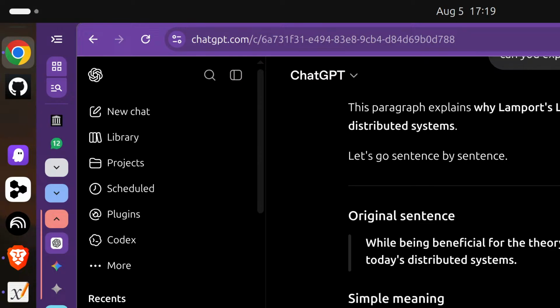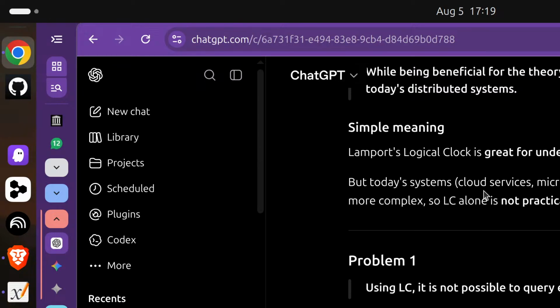But today's systems like cloud services, microservices like maps or payment systems, distributed databases, etc. are much more complex. So logical clock alone is not practical.